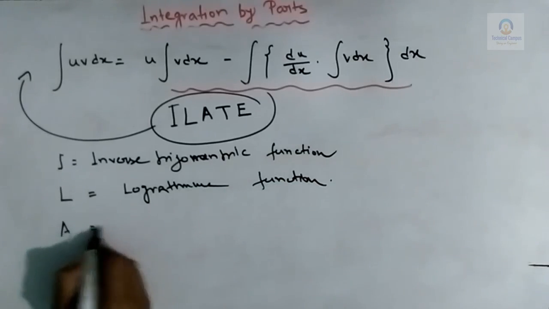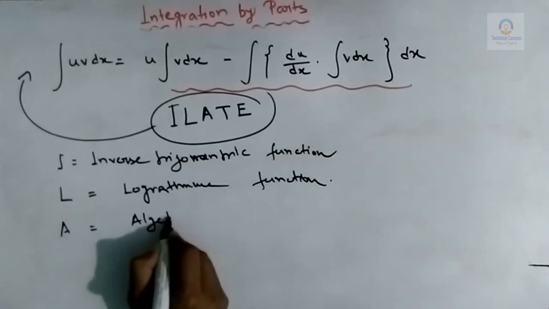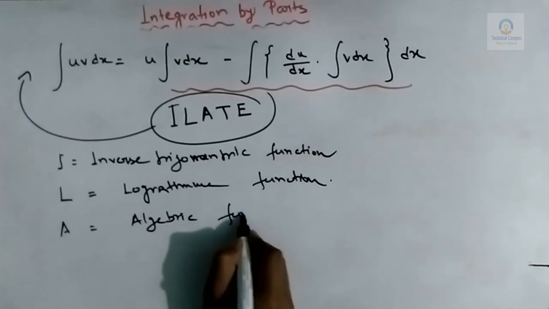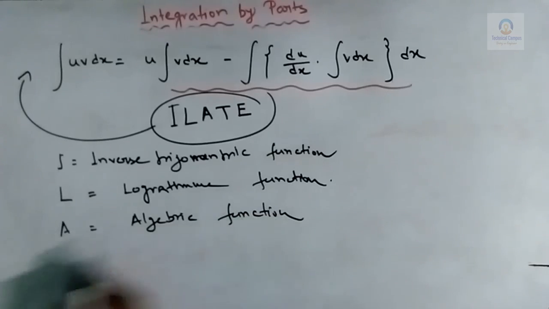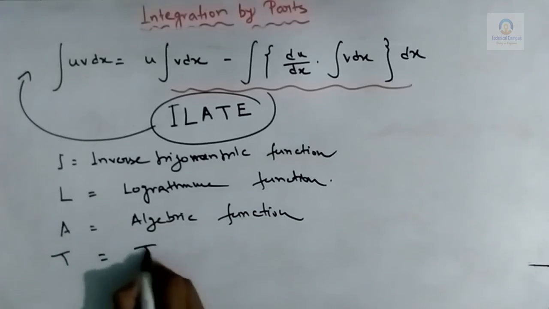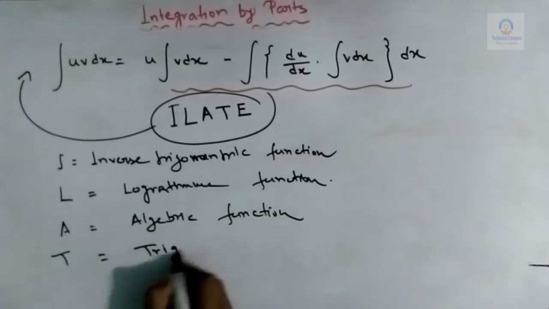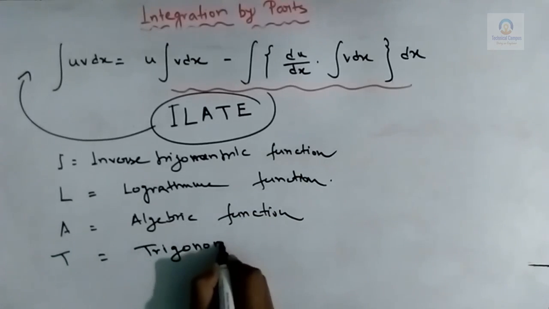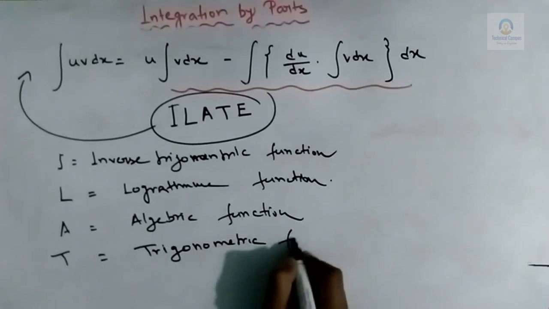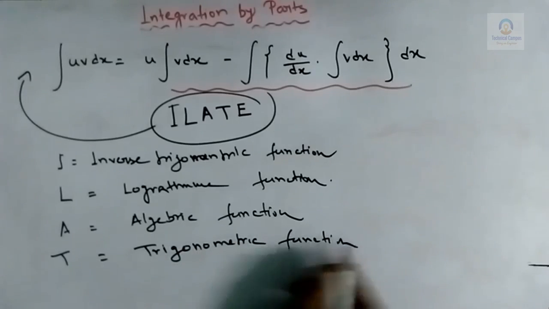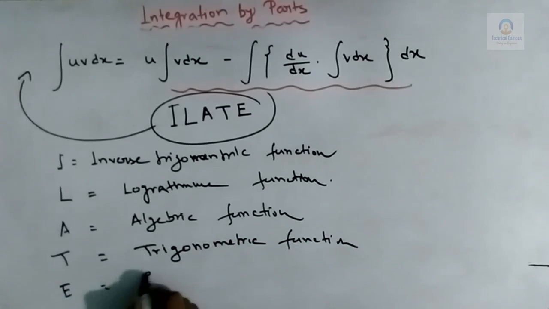A stands for algebraic function. T stands for simple trigonometric function, and E stands for exponential function.